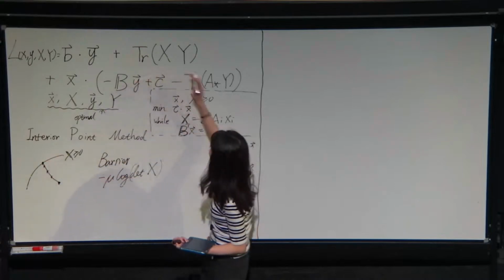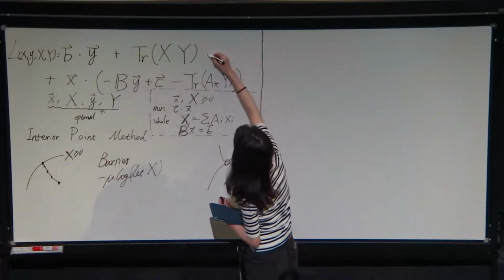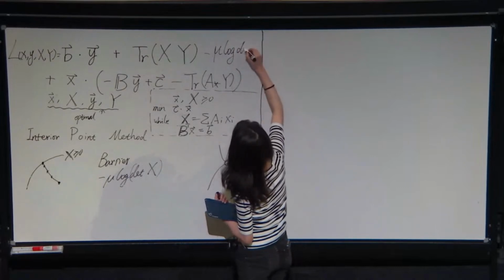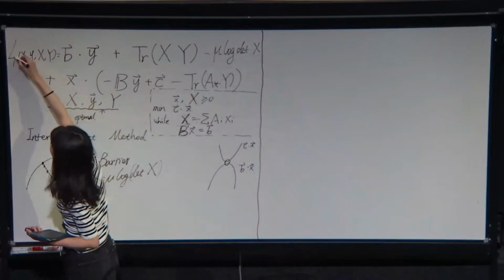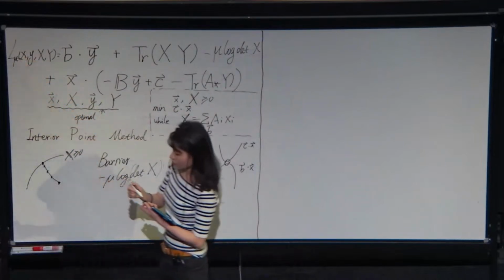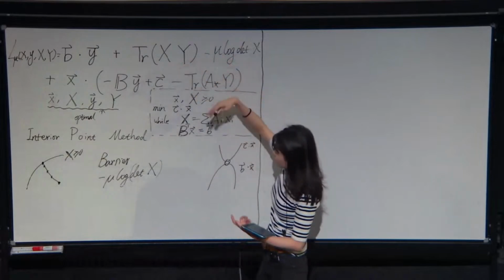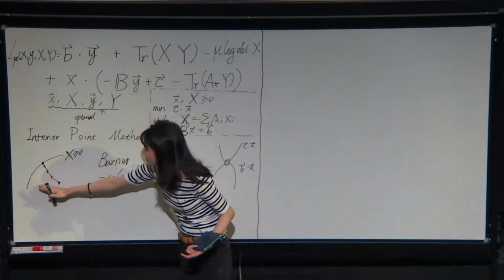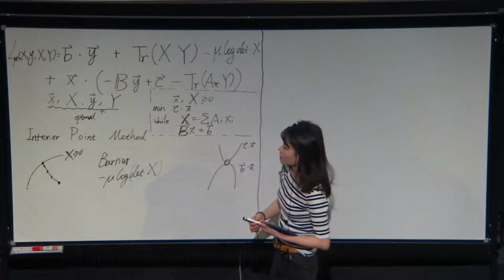So we put this back in the Lagrangian, and the Lagrangian now has an additional parameter mu. The larger mu is, the more this term will penalize x and push it into the so-called interior of the feasible region.